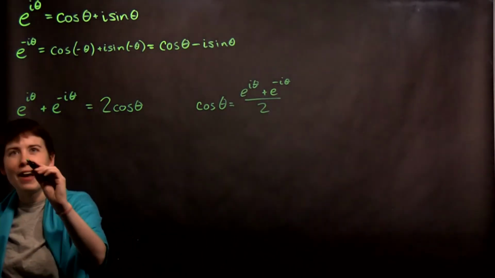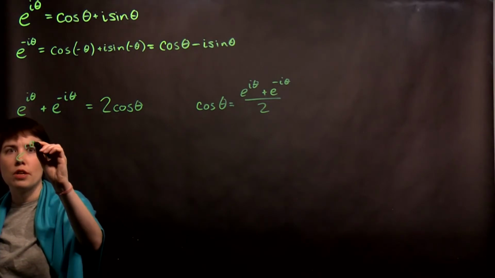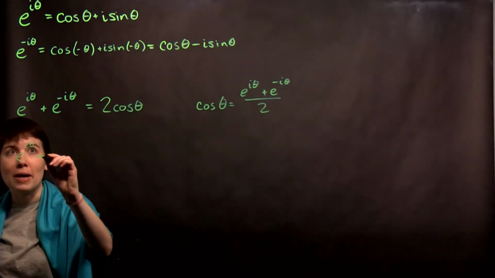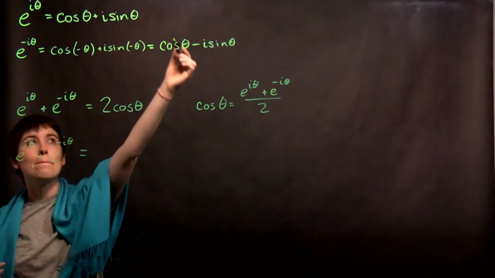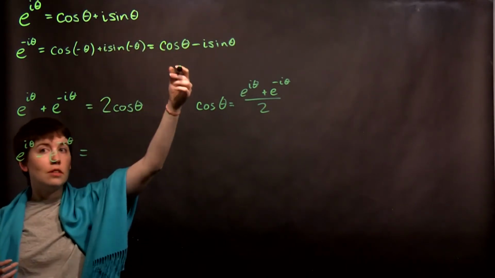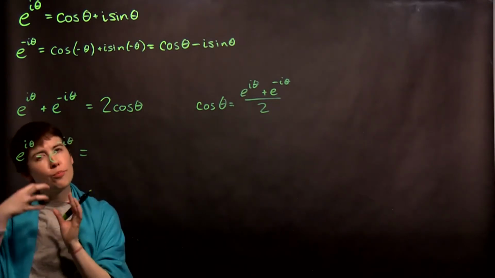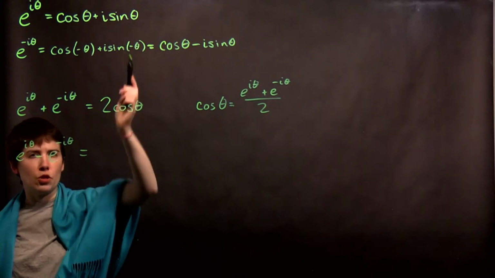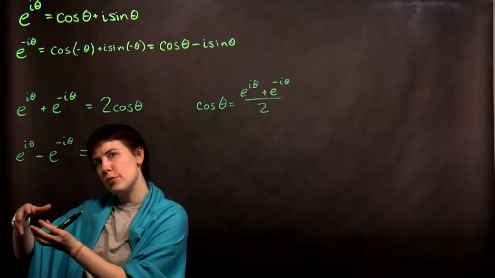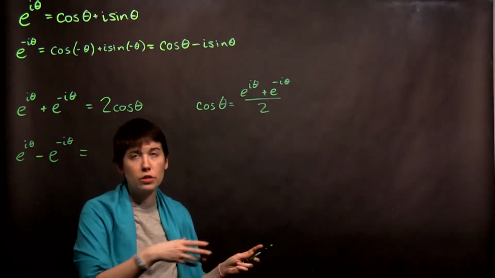So if we subtract them, we'll get the other one. e to the i theta minus e to the negative i theta. Cosine minus cosine is 0. The reason I'm breaking it up that way is that this cosine term is real and this sine term is imaginary, so you can think about grouping your real terms together and your imaginary terms together.